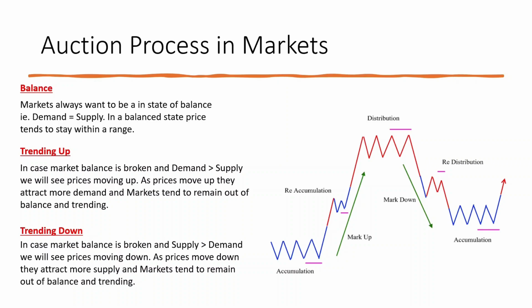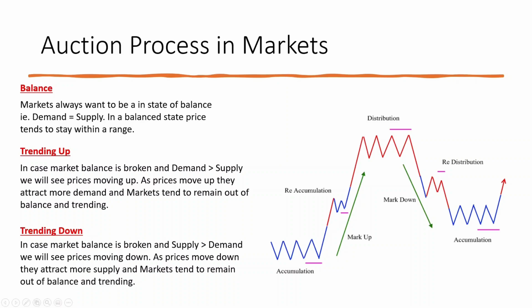And in case no one is interested, the price tends to fall and it will fall till it can find someone who is willing to buy at a lower price. And when it's rising, it will rise till it finds someone who is willing to buy at the highest possible price. Okay, so with this understanding, let's look at the three stages that the market typically is in.